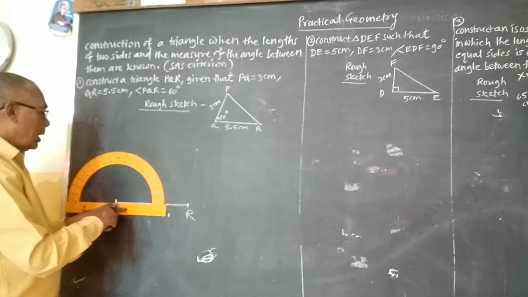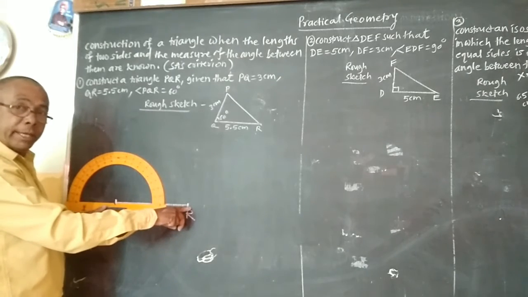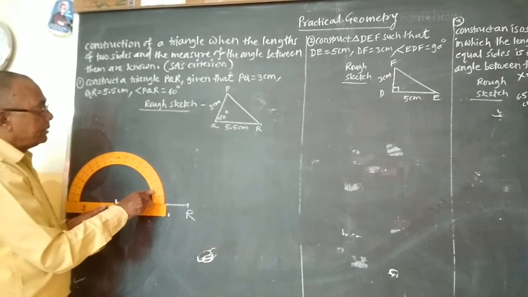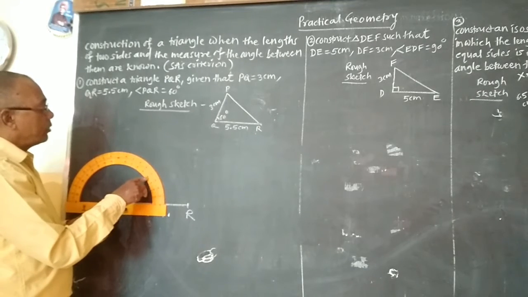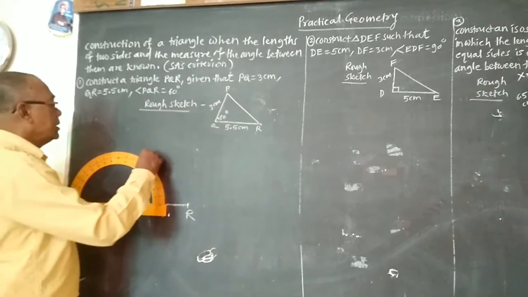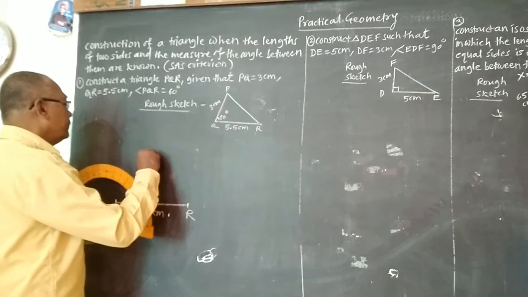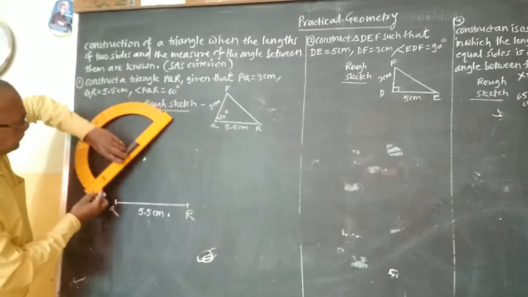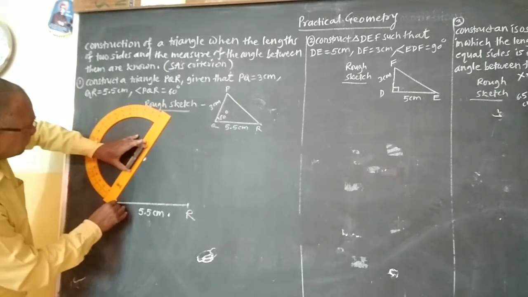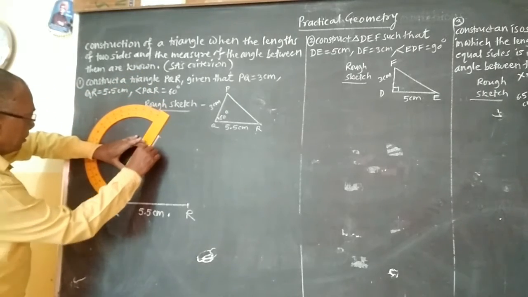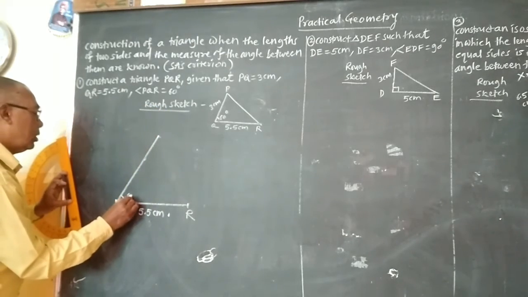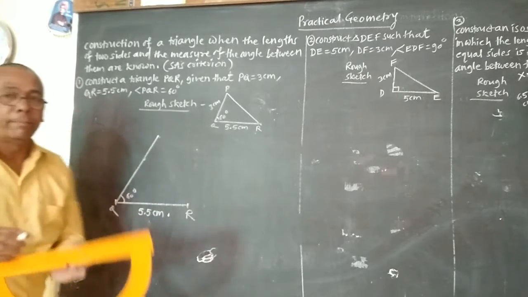So from the second end we have to take 0, 10, 20, 30, 40, 50 and 60. In this way I have marked here, and now joining it, we will get the angle of the measure 60 degree.